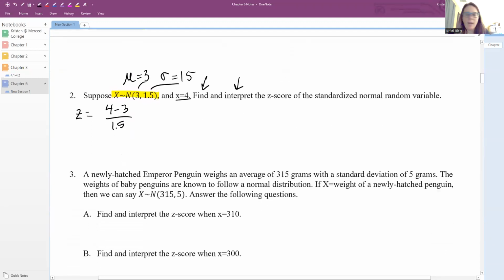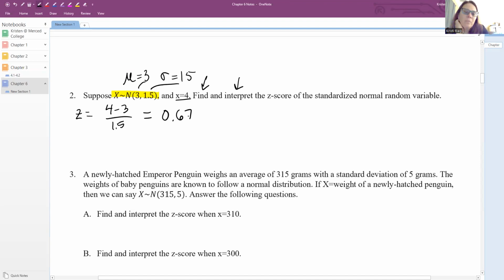Okay, so I have this problem. I'm going to put it into my calculator and I'm going to round to 2 decimal places. And so I have 1 divided by 1.5 and I'm getting a point with a bunch of 6s after. So this is going to equal 0.67 and it's positive.